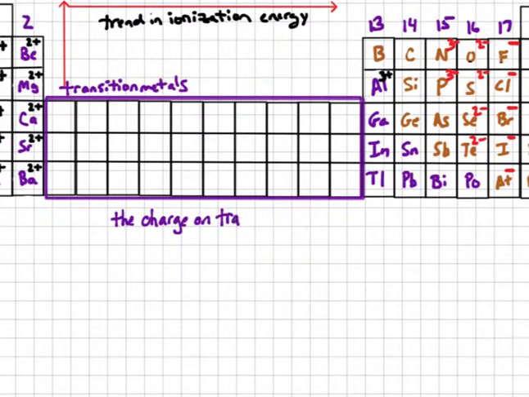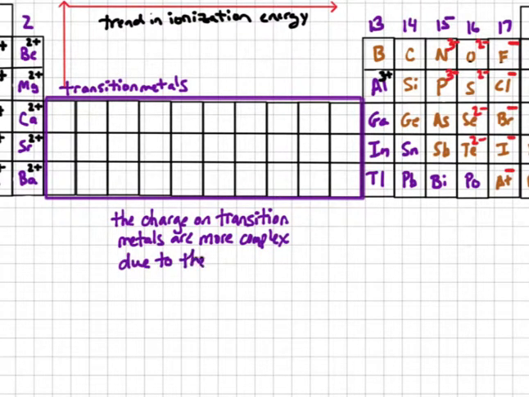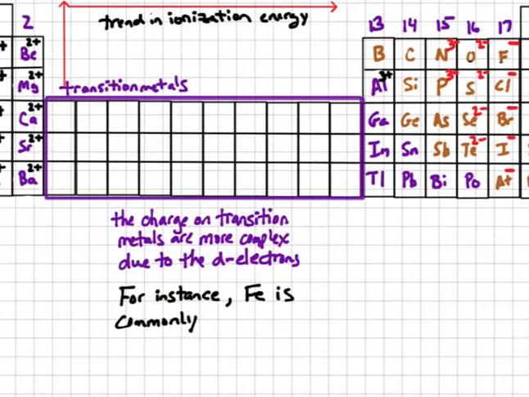The charges on the transition metals are a little bit more complex. They don't have these set charges the way many of the other elements we've already covered do. Transition metals can have a few different, what we call oxidation states. So for instance, iron is commonly either +2 or +3, depending on the compound.